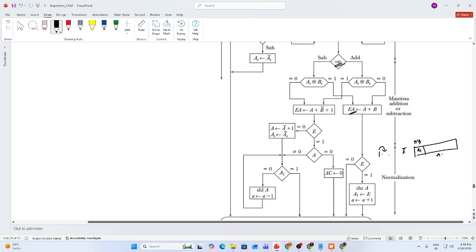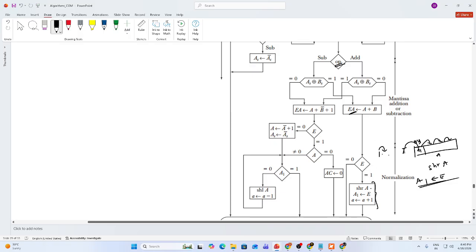The E bit should come to the A1 bit, and the A1 bit should go to the next position; this shift should happen. That shift I am representing with shift right of A, and E also comes to A1. Accordingly I adjust the exponent and end the algorithm. But if E equal to 0, no need to normalize, it is already normalized, so just end with the result.